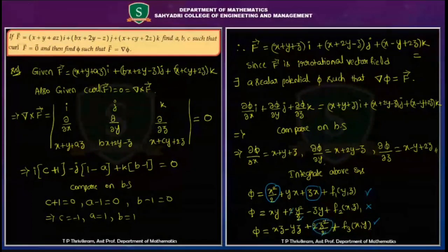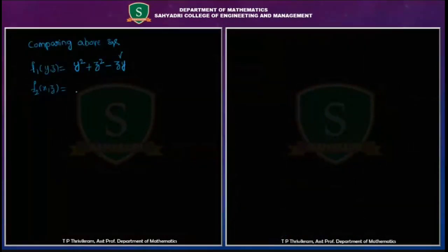Here z square, here xz is there, but it is repeated twice. So the value of this will be x square by 2 plus z square plus xz. So this is the value of f2 of x comma z.